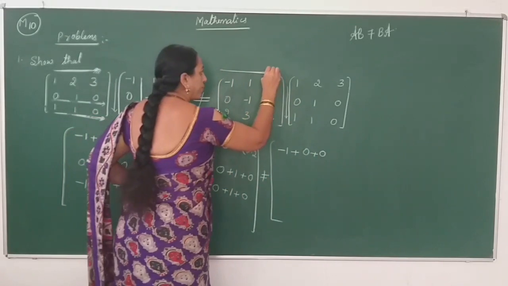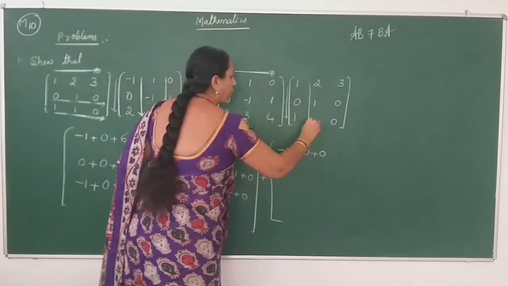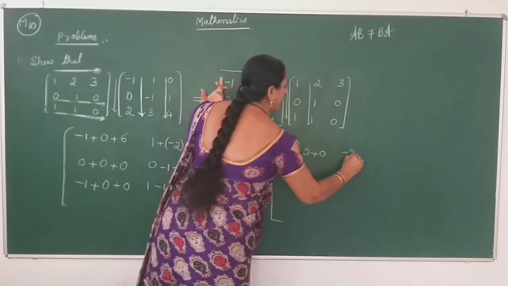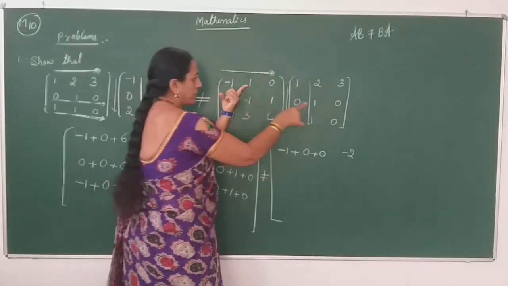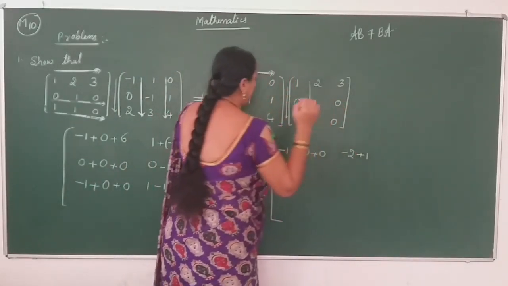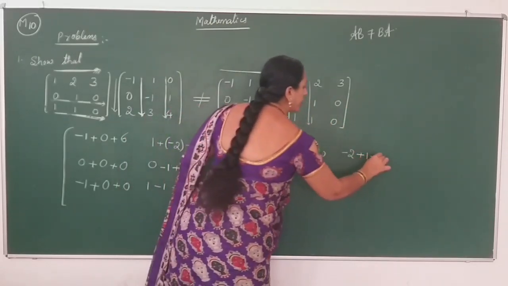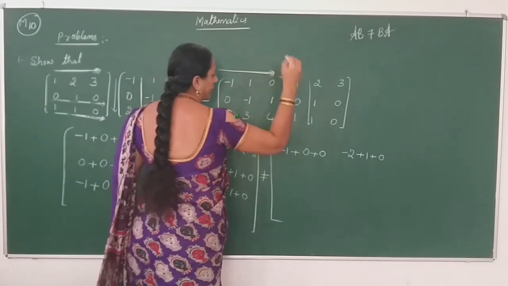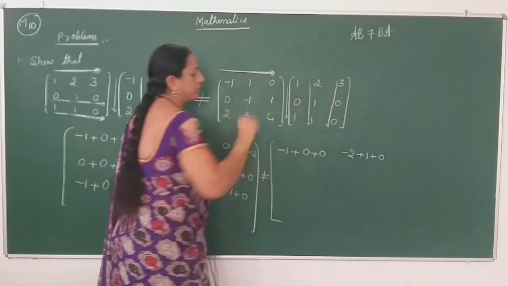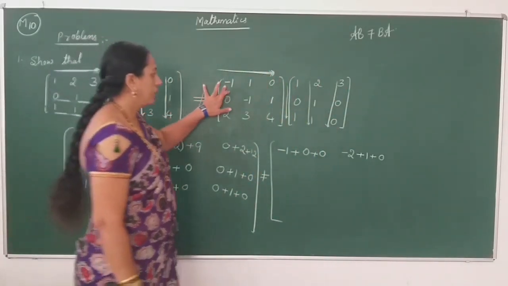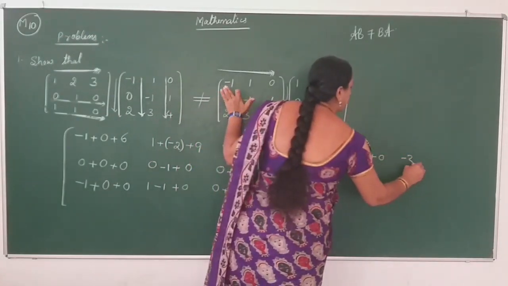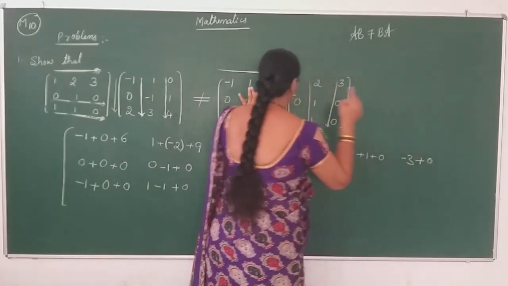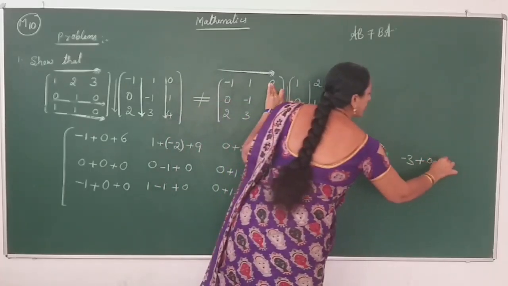Similarly, first row, second column: minus 1 into 2 is minus 2, plus 1 into 1 is 1, plus 0 into 1 is 0. Then first row, third column: minus 1 into 3 is minus 3, plus 1 into 0 is 0, plus 0 into 0 is 0.